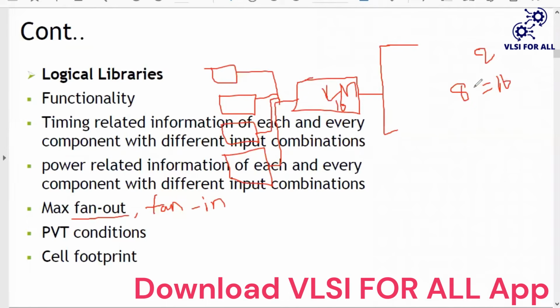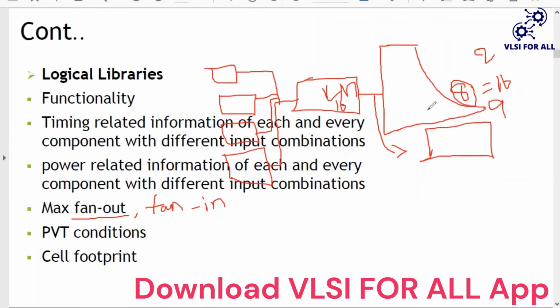Only 8 cells will be driven. If an extra cell is connected, the logical connection is the same, but here 9 cells are connected at this location. How was the one extra cell added?